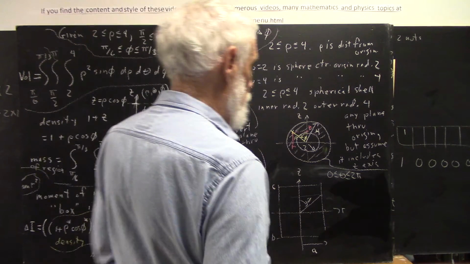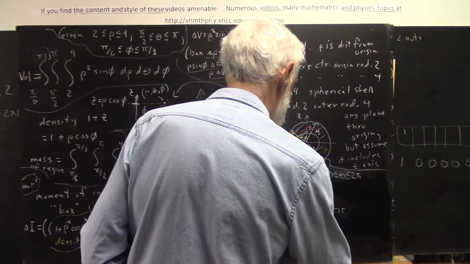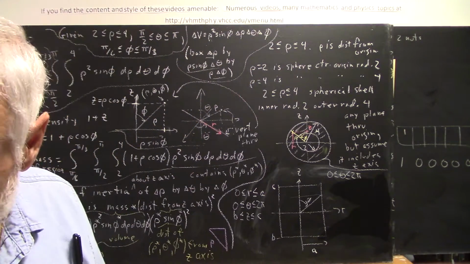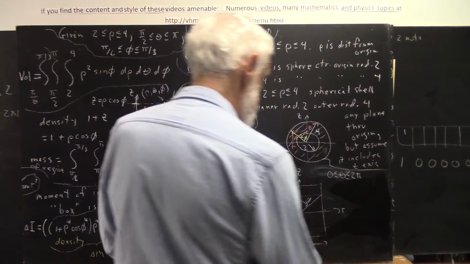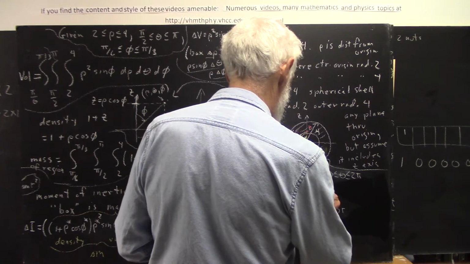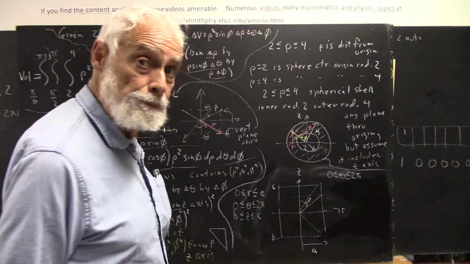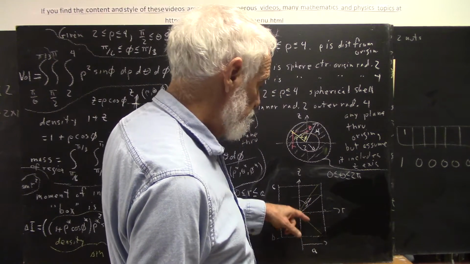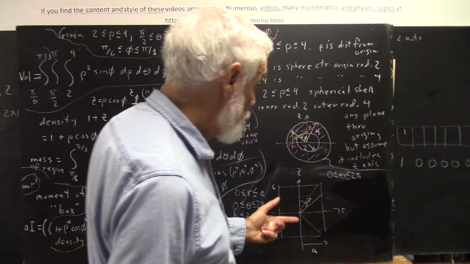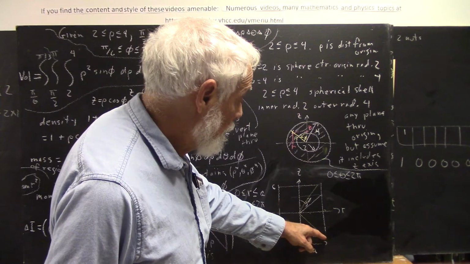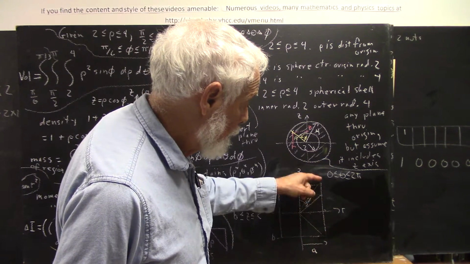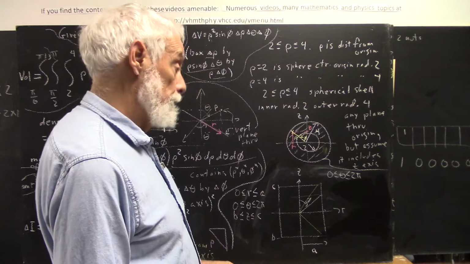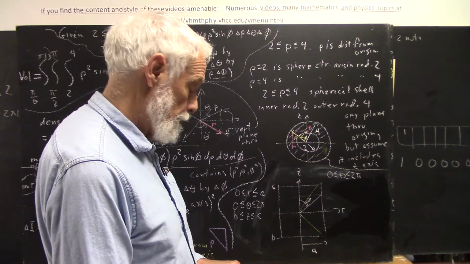Now I'm going to say for phi, between this angle and this angle, rho is going to depend on the angle phi. The limit in rho is going to depend only on the radius of the cylinder and on phi.